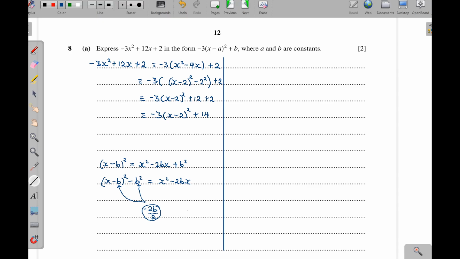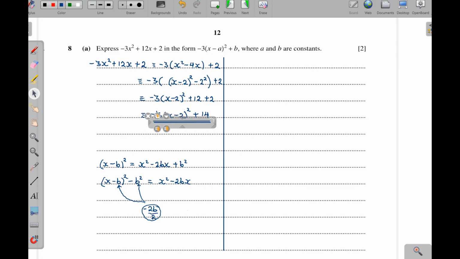And this becomes our final answer. So the negative 3, you can see it here. Then there is minus a, so our a is 2, because there is also minus 2 here. And then our b is positive 14.